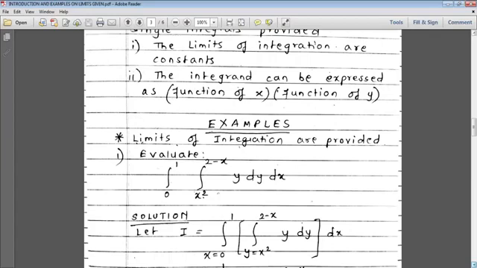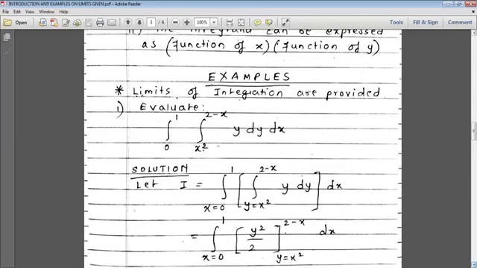If you observe the inner limits, they are in terms of x and the outer limits are constants. Because the inner limits are in terms of x, they are the limits for y. So we have to evaluate this integral firstly with respect to y.